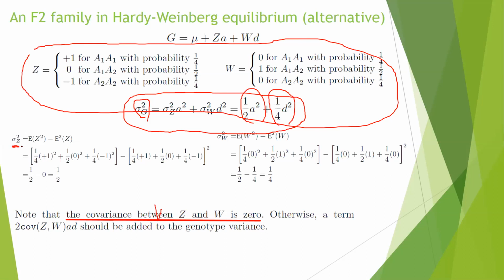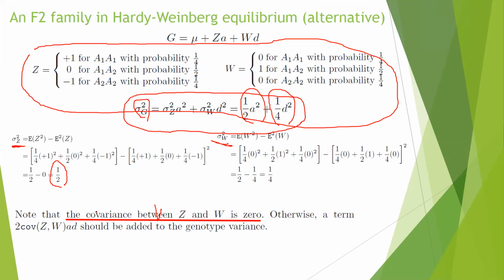We can also use the formula to calculate the variance of Z, the first variable, which is used to code the genotype for the additive effects, and W is the variable that is used to code the genotype for the dominant effect.